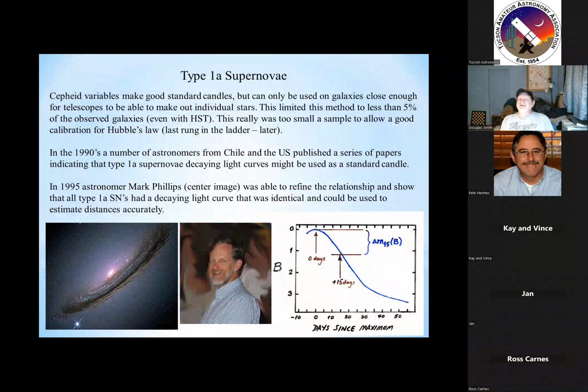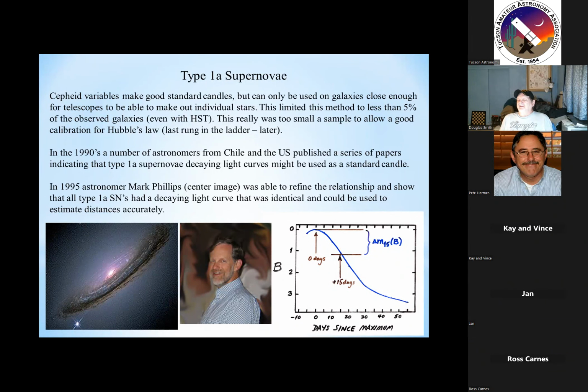So in the 1990s, you started seeing a lot of papers come out, mainly from astronomers in Chile and the United States, published a series of papers indicating that the type 1a supernova, the way it decayed after it reached its maximum brightness, the decaying light curve, might be used as a standard candle.